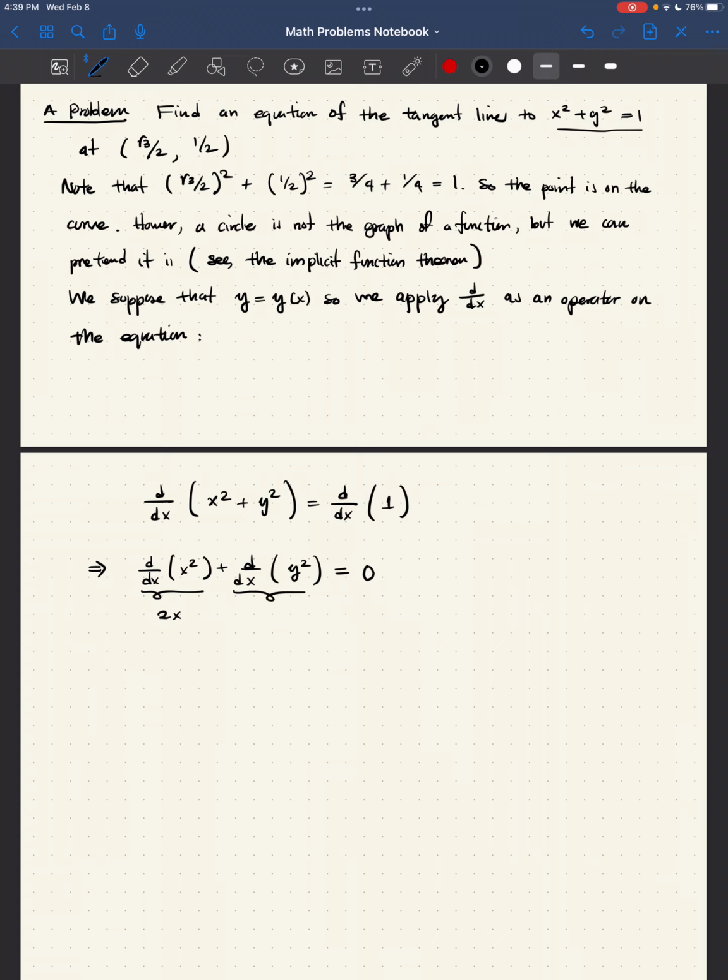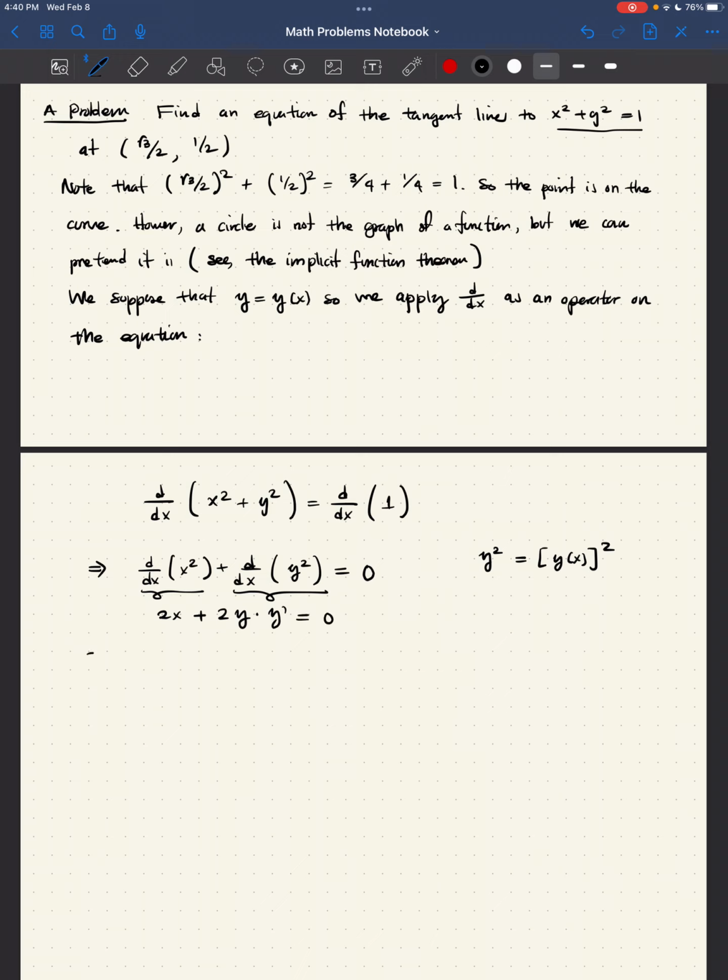But this one really is an application of the chain rule, because I'm thinking of this y as really y of x, squared. So this has to be, according to the chain rule, 2 times y, the function, times y prime, the derivative, and all of this being equal to 0.